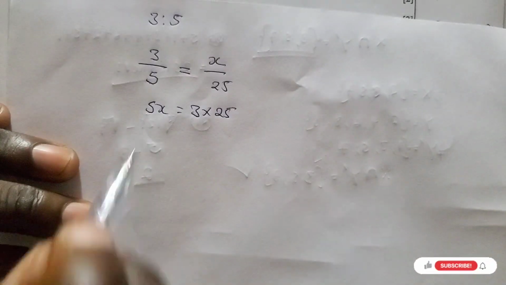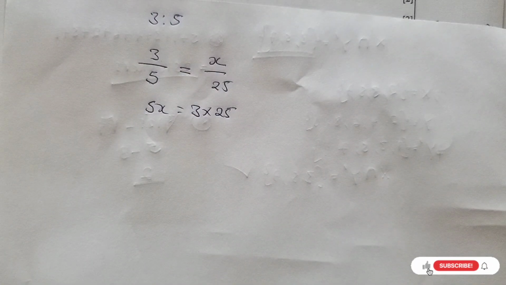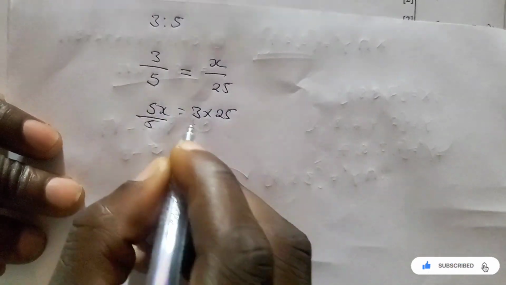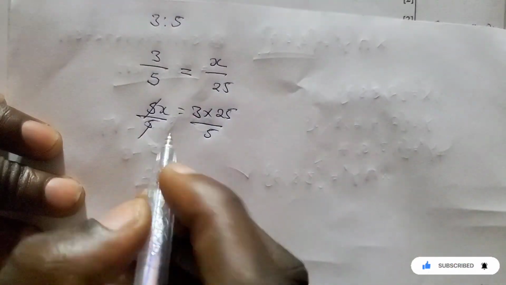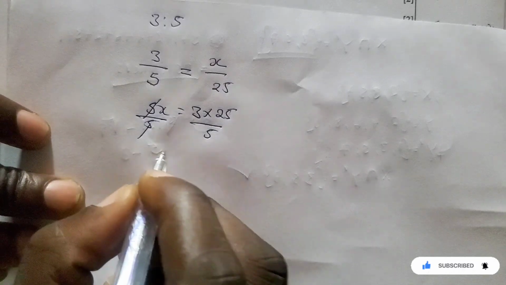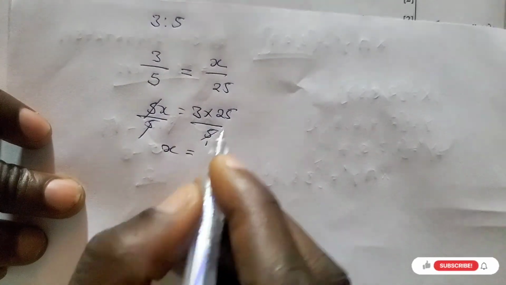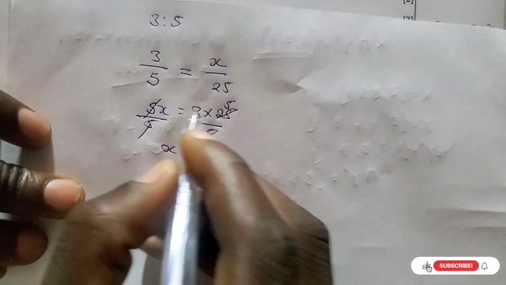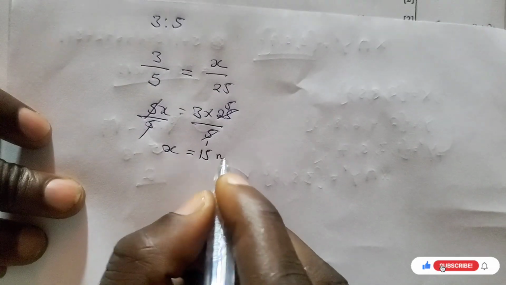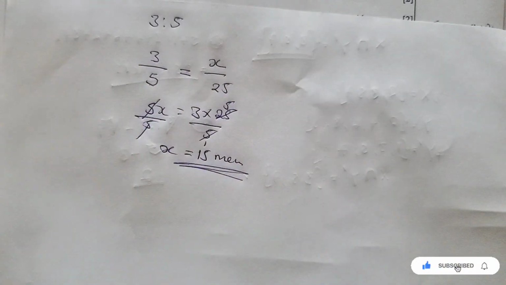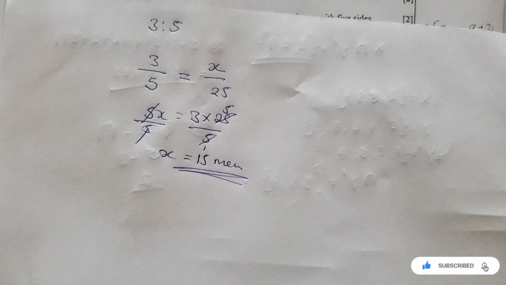Since this is paper 1, don't just multiply to find 75, because not everyone will know how to divide bigger numbers. So divide over 5, x is equal to 3 times 5, 15. So 15 men. That's the answer. Simple as that, 15 men.